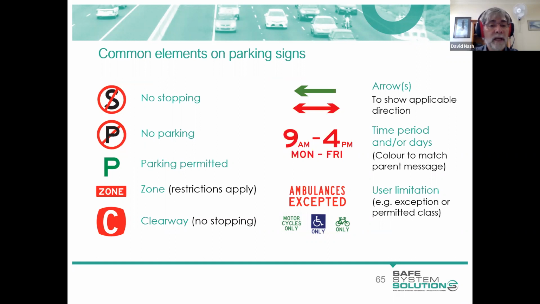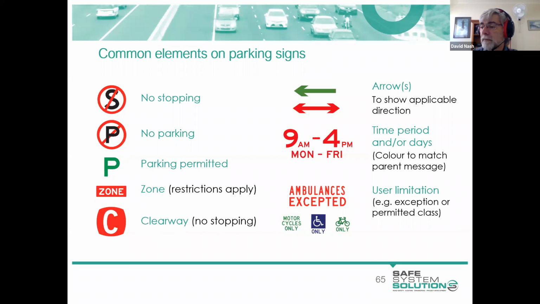The green P for parking permitted, zone signs where a particular zone applies and there's some restriction associated with that zone, and clearway is pretty much the same as no stopping, except that the infringement fine is more.